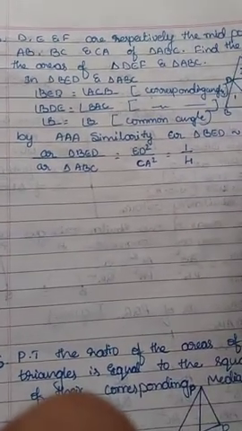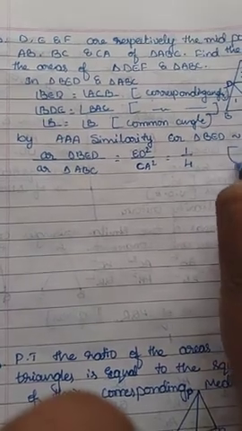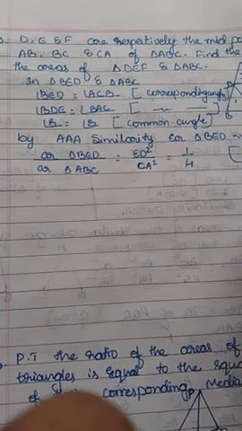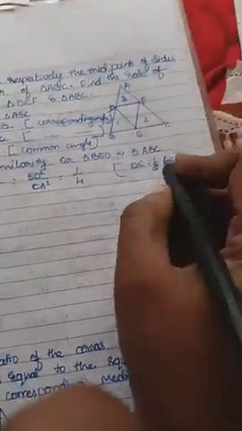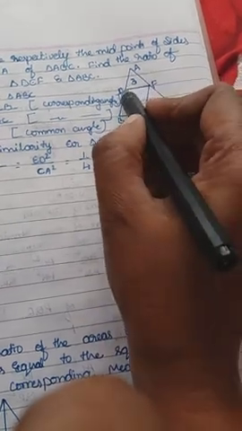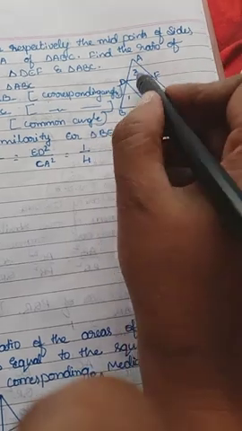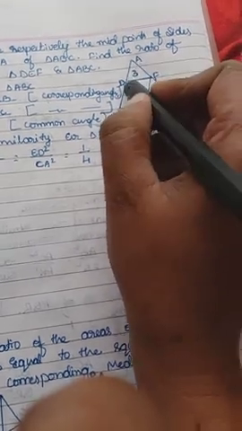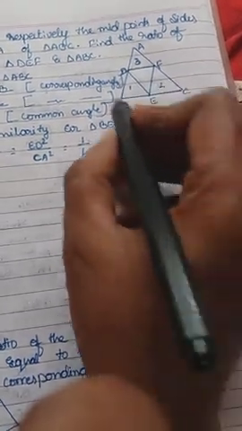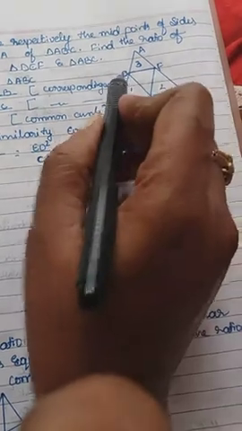This DE equals half of AC. Here you have to write DE equal to half of AC or CA. Why should DE be half of AC? Because it is given that D is the midpoint.